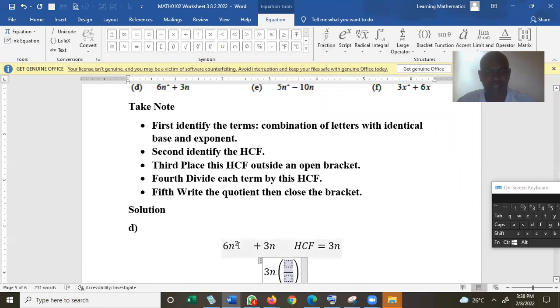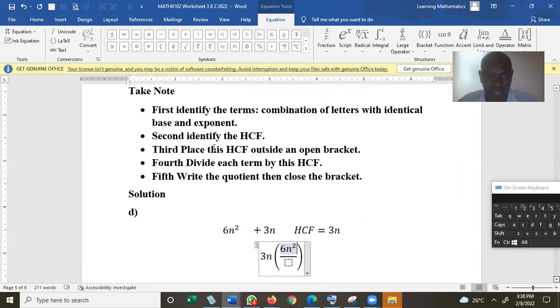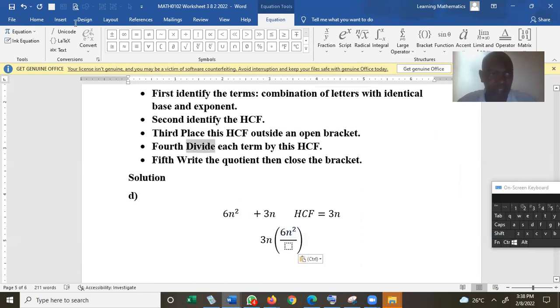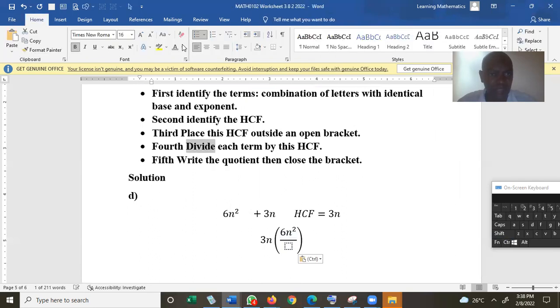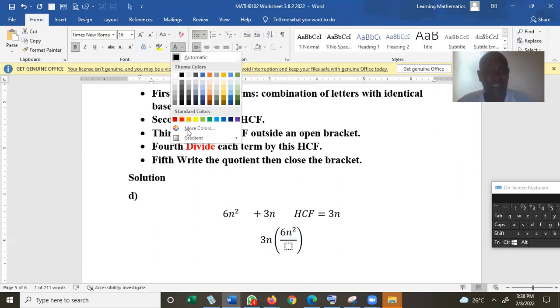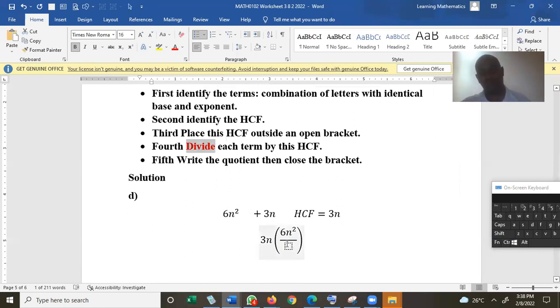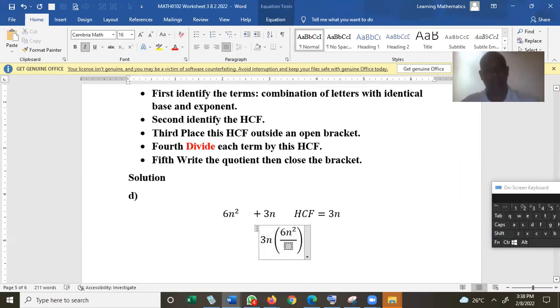We have to divide 6n squared, not multiply, divide. Here it is, divide. The opposite of expansion. Expansion is multiply. Factorization is divide. Okay. By the 3n. And there's a little something going on there.